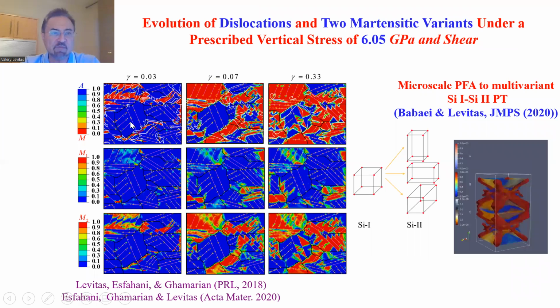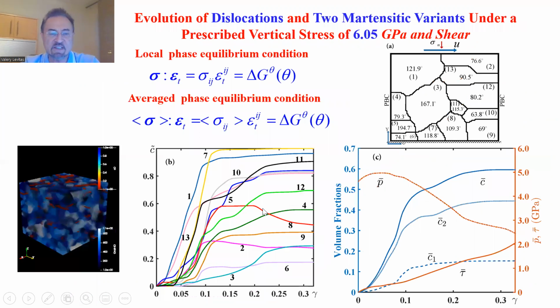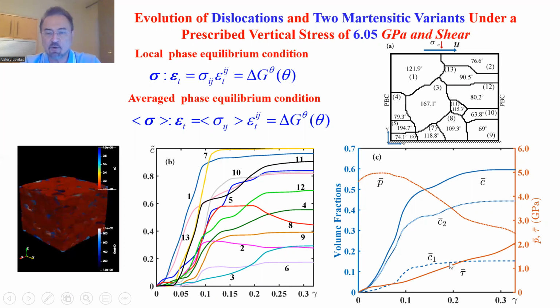And dislocation pileups are introduced through the solution of a contact problem of continuum mechanics, because we still need a stress concentrator. And you see this is the evolution of dislocations in a polycrystalline sample, and red is the high pressure phase. And this is the evolution of the first and second martensitic variants. You see that in each grain we have very different kinetics, and we also determine kinetics averaged over the entire sample for the high pressure phase for each variant and pressure, shear stress.